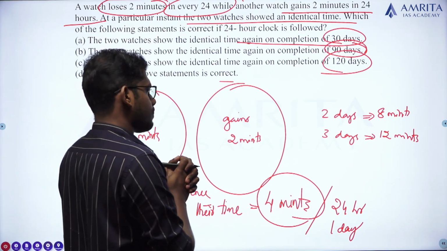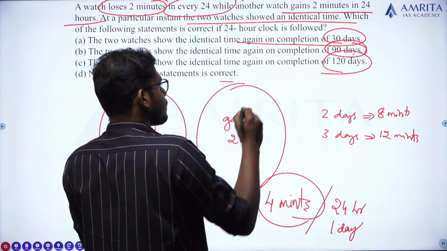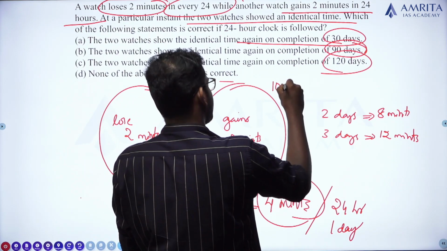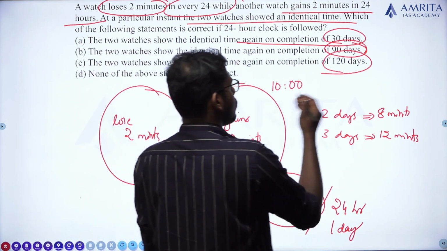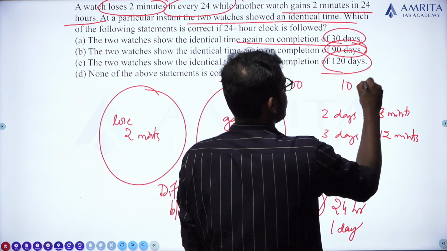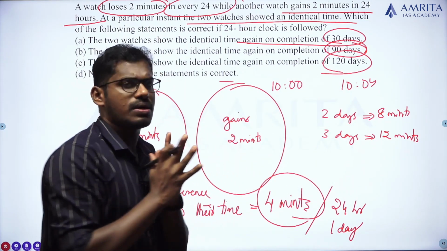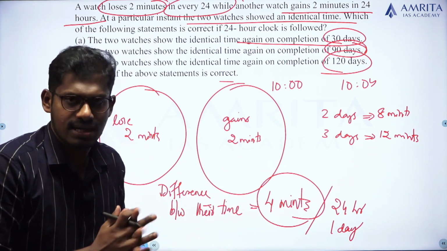But the question is, after what time do they show identical time? Understand one thing. If the first clock is at 10 o'clock, then the other clock will be 10:04, so that they are differed by 4 minutes. Clear?